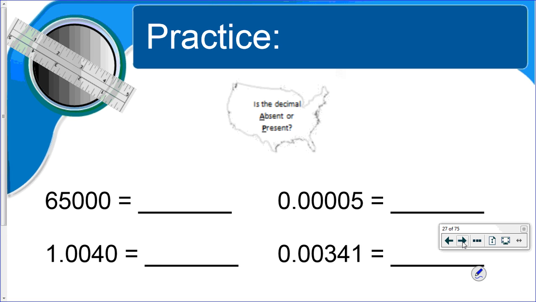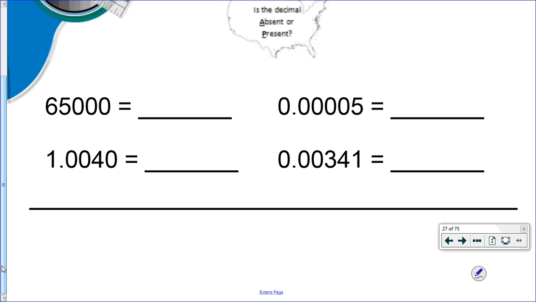Okay. So let's say we have 0.000500. Okay. Decimal point is present or absent? Left to right or right to left? Left to right.